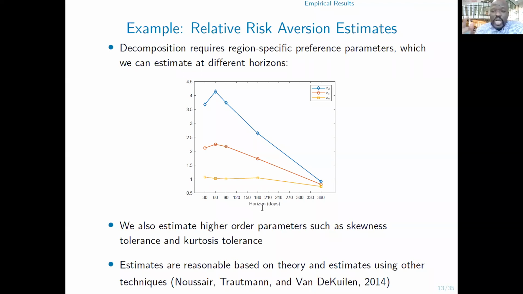But what is really interesting is the shape of the risk aversion: the blue is on top of the red, and the red is on top of the yellow, which is consistent with the belief that investors are more risk averse in the left tail region compared to the center and the right tail.